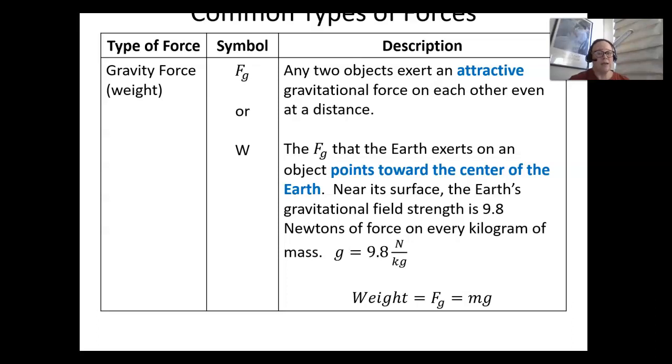And the reason for that is because the gravitational force that the Earth exerts on an object points toward the center of the Earth. Near its surface, the Earth's gravitational field has a strength of 9.8 newtons of force on every kilogram of mass.